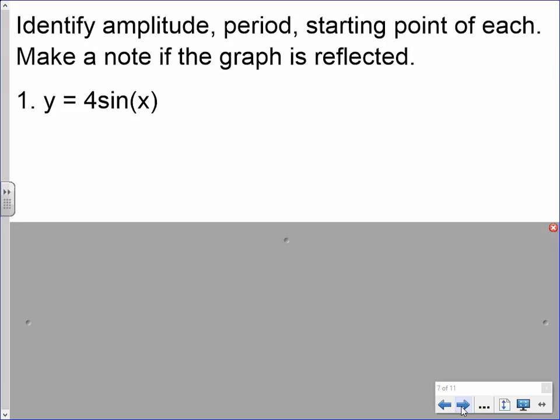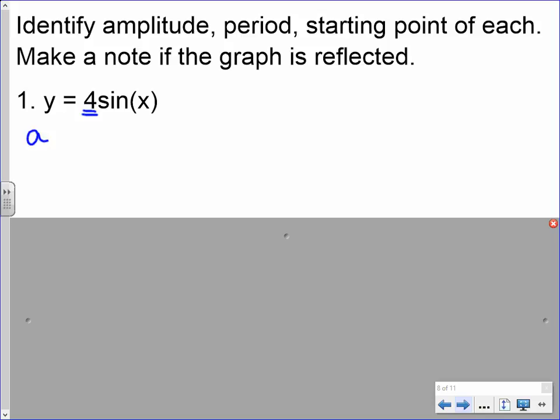We're going to start off very simple. Please write down y equals 4 sine of x. Four, that is where A is. A is 4. So what does that tell us? Our amplitude is 4.